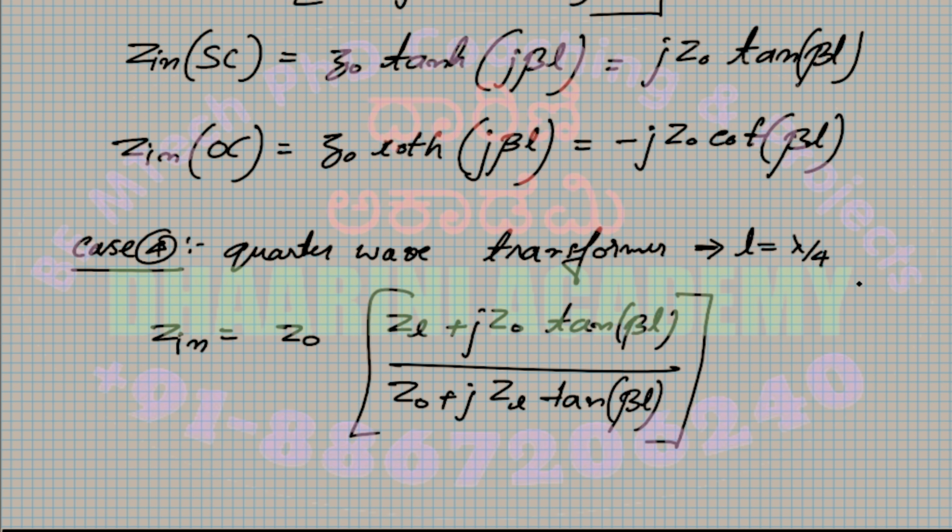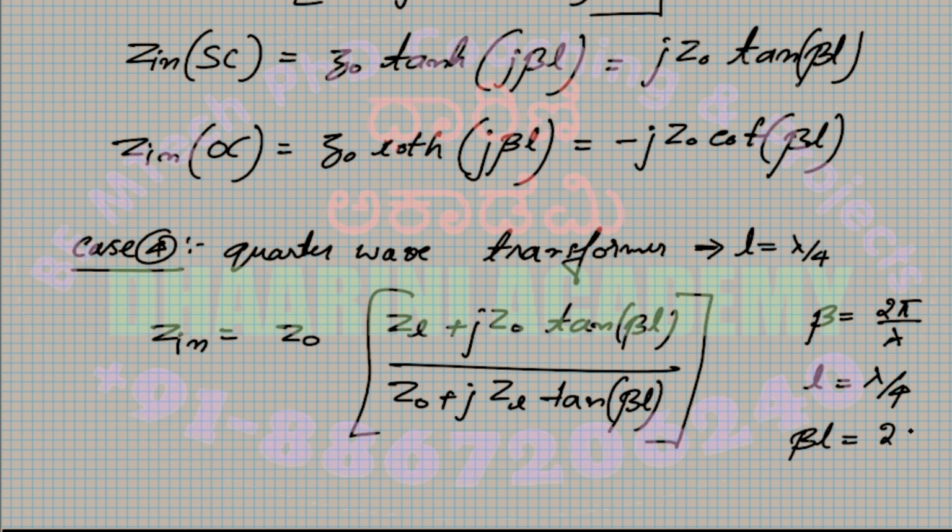Now we use the equation of beta. Beta is equal to 2 pi by lambda. Alpha was the attenuation constant, beta is the phase constant. And L is already known for this particular case, lambda by 4. So calculate what is beta L.